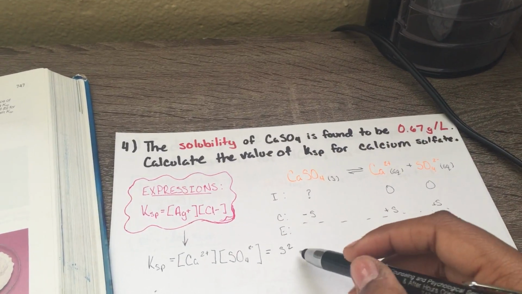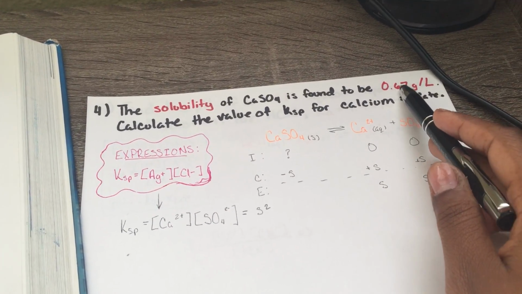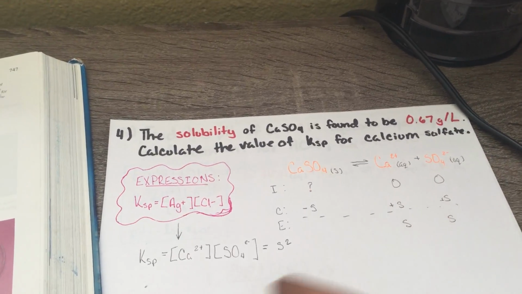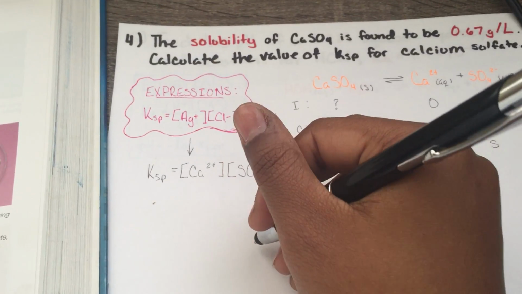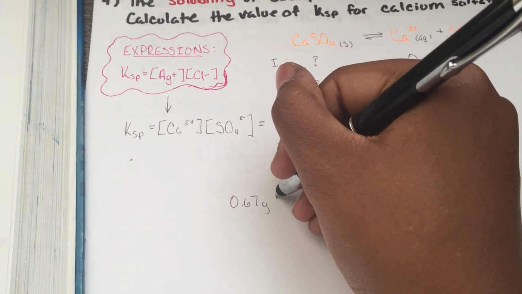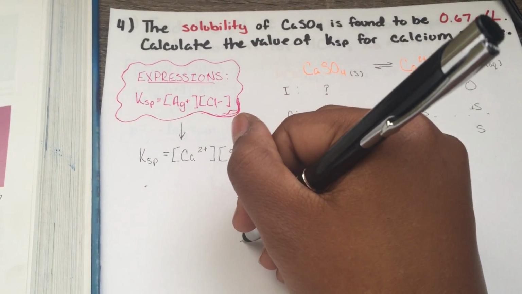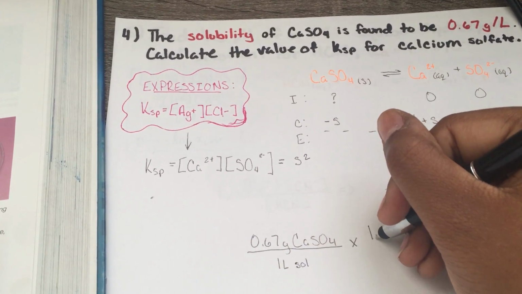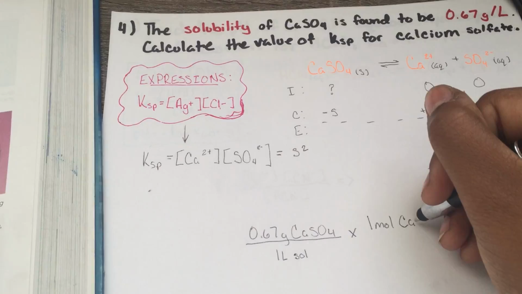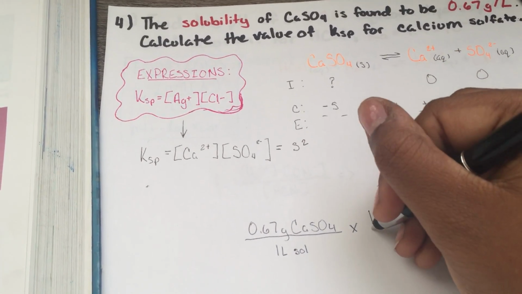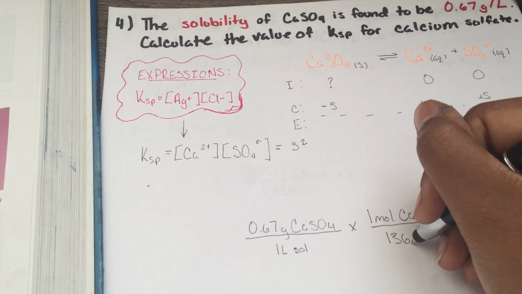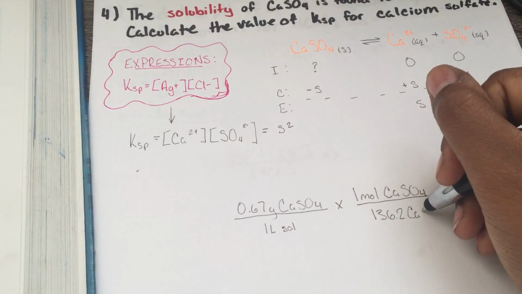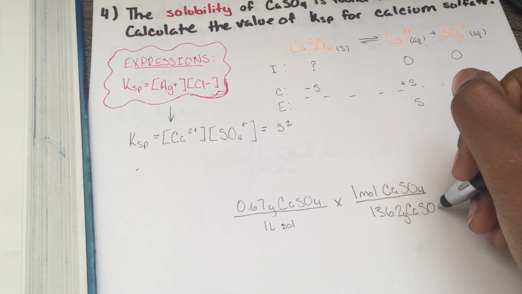So now that we have this, all we need to do is first translate 0.67 grams per liter into moles per liter, and that's just simple conversions. We have 0.67 grams of CaSO4 over 1 liter of solution times 1 mole of CaSO4, which is what we're looking for, over the molar mass of CaSO4 in grams.